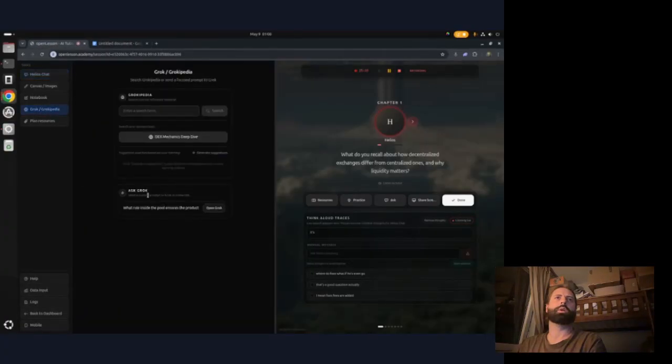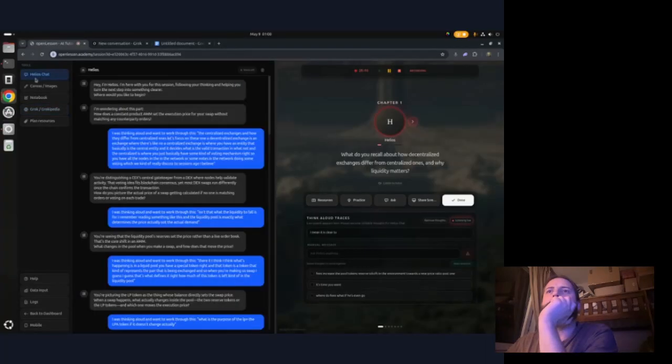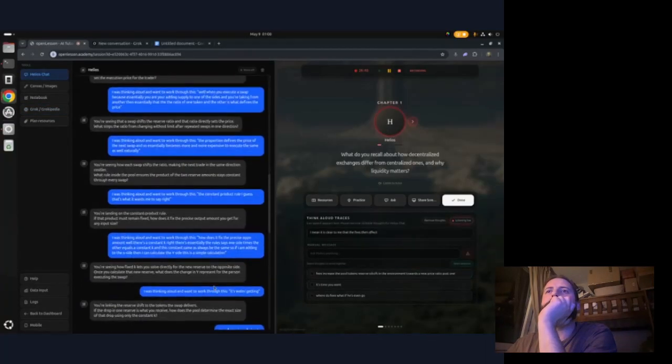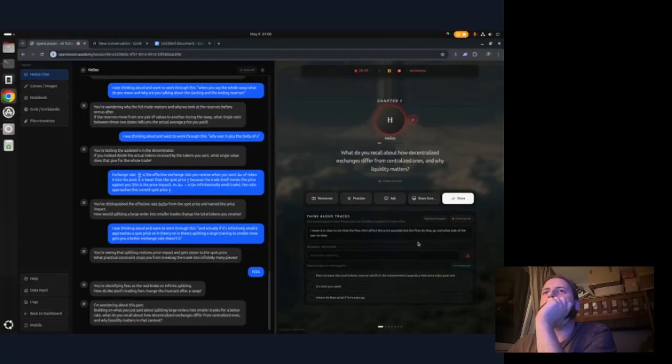Fees increase the pool tokens reserve, slightly shifting the invariant towards a new price ratio post swap. It is clear to me that the fees then affect the price post swap, but in what side of the pair do the fees go?